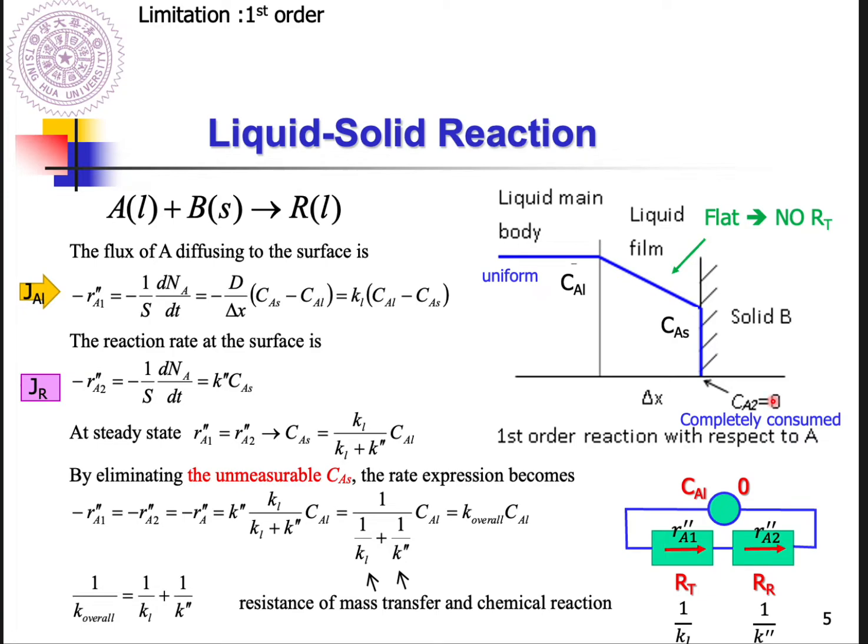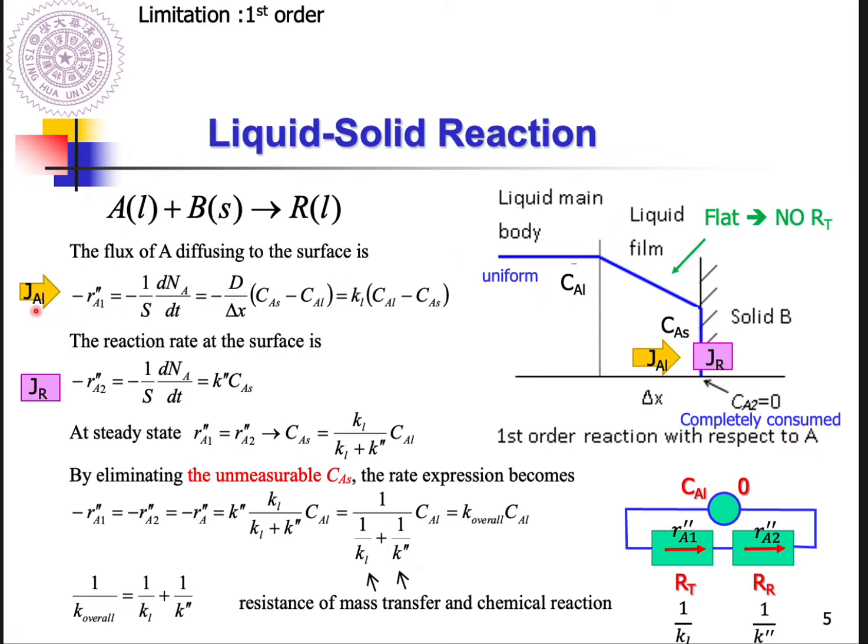So we can formulate, as we learned previously, the driving force will be the concentration gradient of reactant A. And here we can easily formulate the flux passing through this whole path, including the mass transport part and the reaction part.